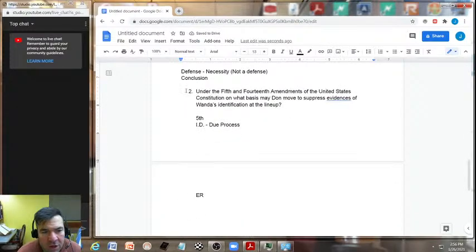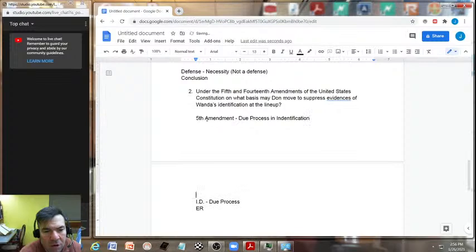Now underneath the second call, we want to make sure to talk about the Fifth Amendment. I want to make sure to talk specifically about the due process in terms of the identification. Now remember, under the identification, there we go. We want to make sure to bring out the fact that the 14th Amendment makes the Fifth Amendment applicable to the states.